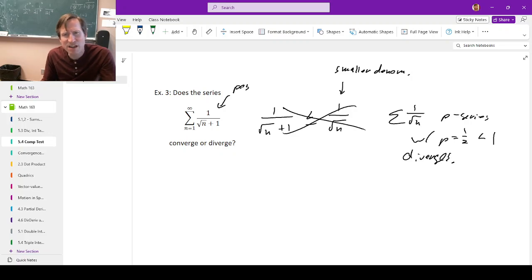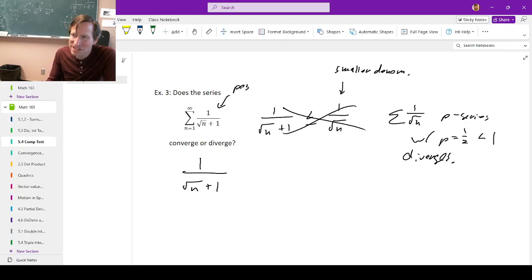So if we think it diverges, we should compare it to a smaller series that diverges, right? Because the comparison test says if you compare to a smaller series that diverges, your original series diverges. So we should figure out a smaller series that diverges. And it's not totally obvious what to do.